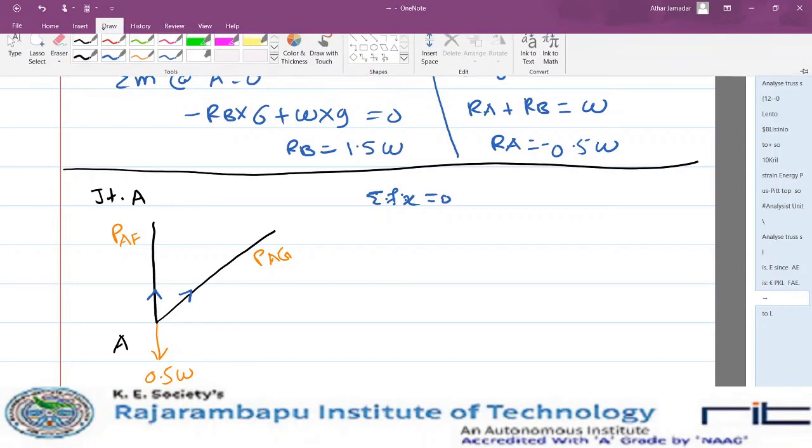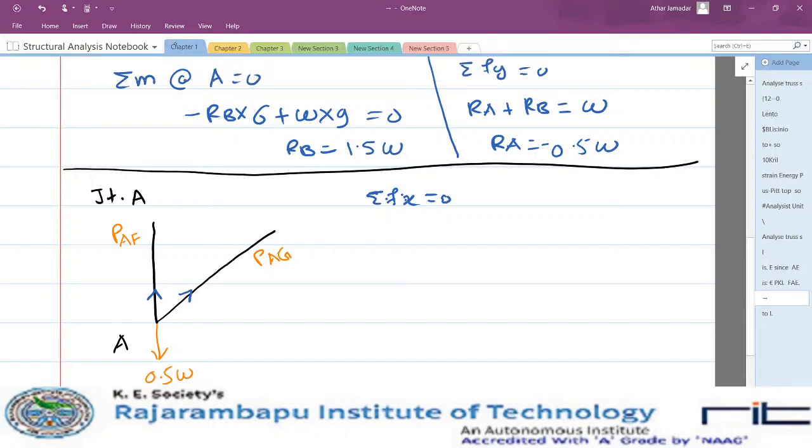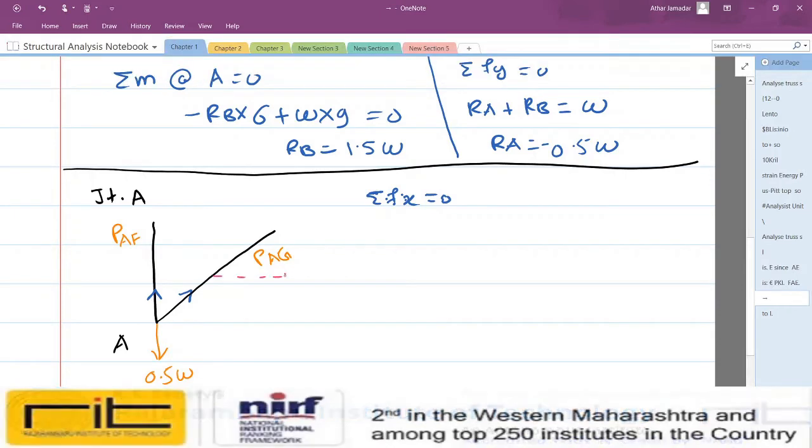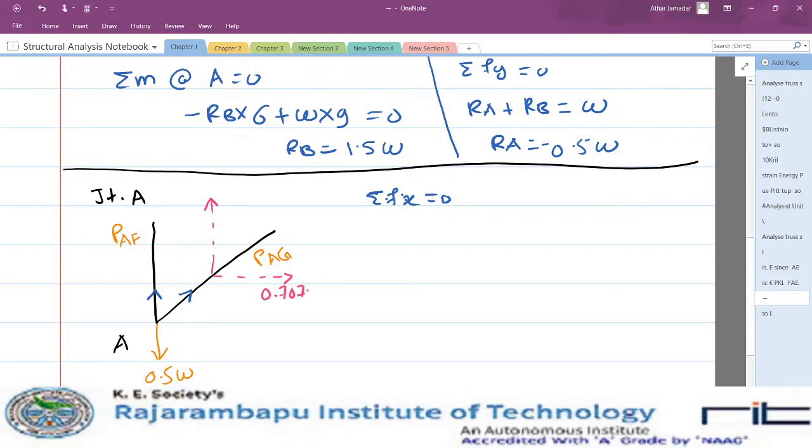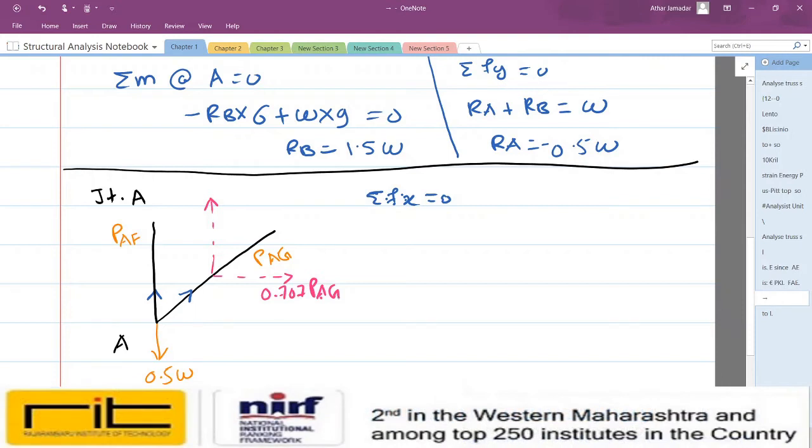Let me first draw here the components of these forces. This will be 0.707 times PAG. I am directly taking cos components. Cos component is 0.707 and sine component is also the same, so both components will have the same value.